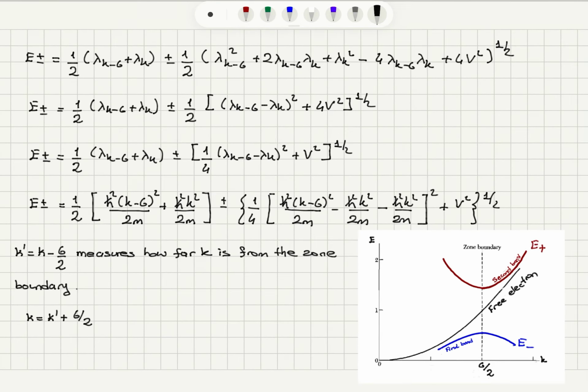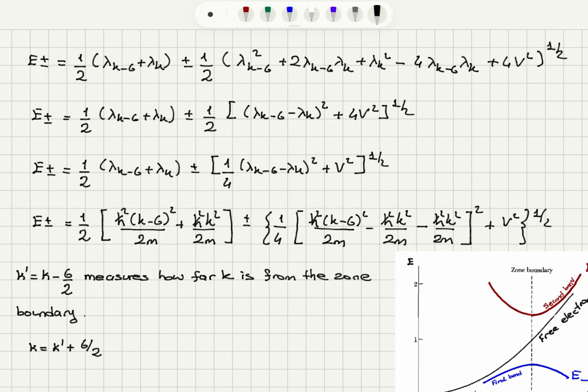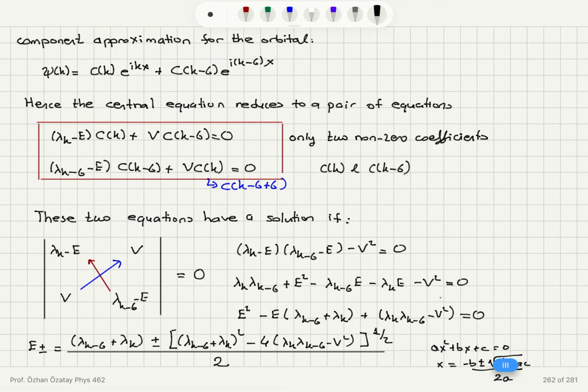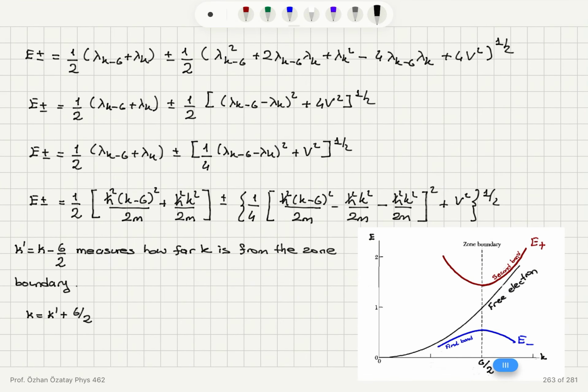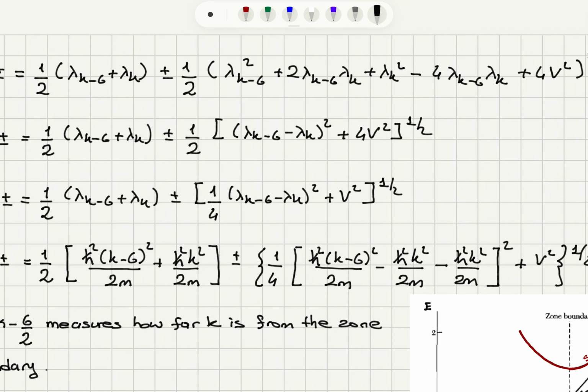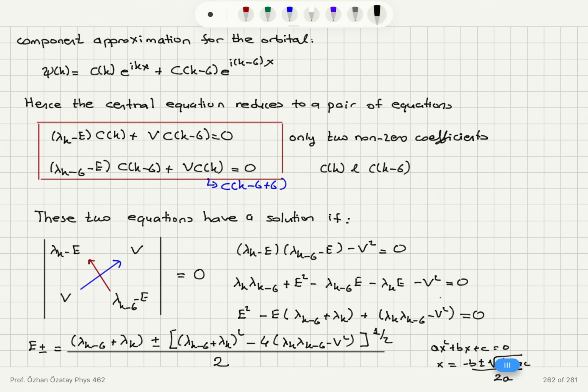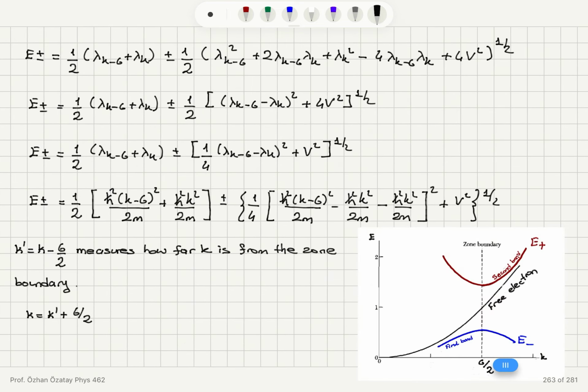If I expand this, in the parentheses I had (λ_{k−G} + λ_k) squared, so it is λ_{k−G}² + 2λ_{k−G}λ_k + λ_k². And then in the second term, I had minus 4λ_{k−G}λ_k plus 4V².